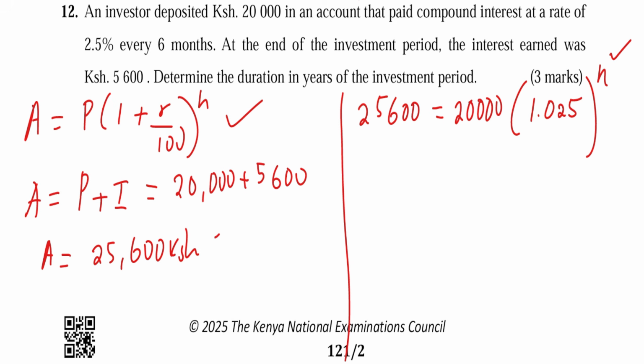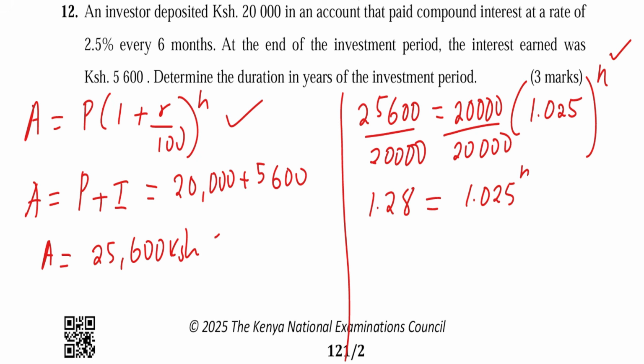So let's divide by 20,000 to remove the 20,000 that we have there. 25,600 divided by 20,000 gives you 1.28. So 1.28 is equal to 1.025 raised to power n.